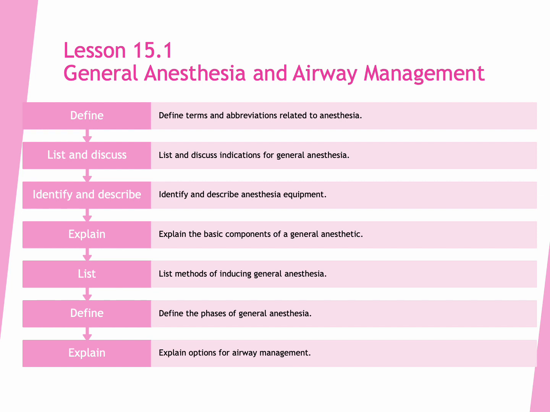You should also be able to explain the basic components of general anesthesia and list methods of inducing general anesthesia. You should also be able to define the phases of general anesthesia as well as explain the options for airway management.